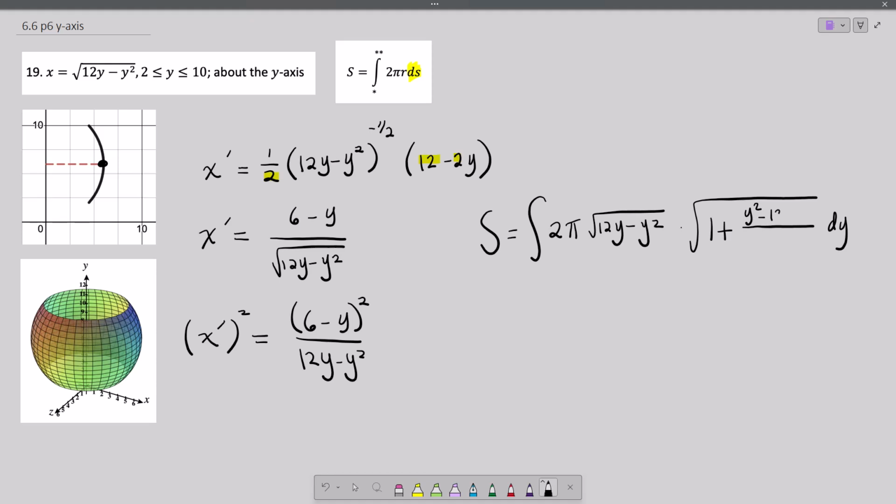So y squared minus 12y plus 36 divided by 12y minus y squared. So we have that. The y limits of integration are given to us, so we don't have to do any work to find them. We're told 2 to 10 on y.